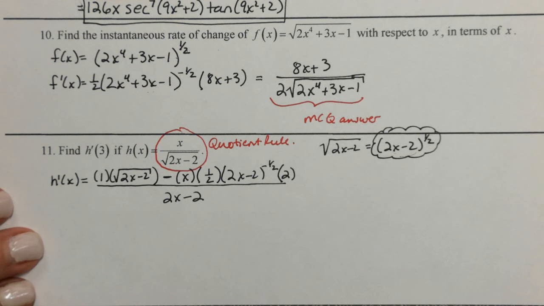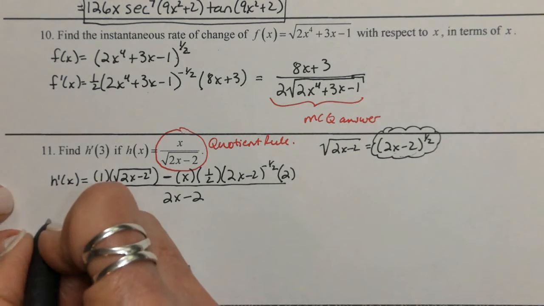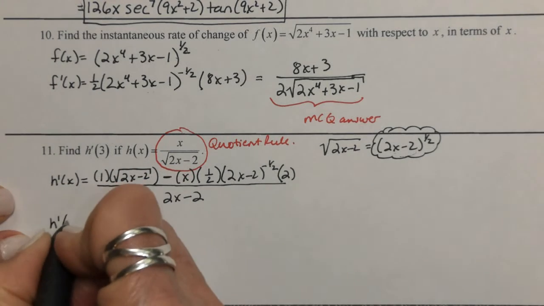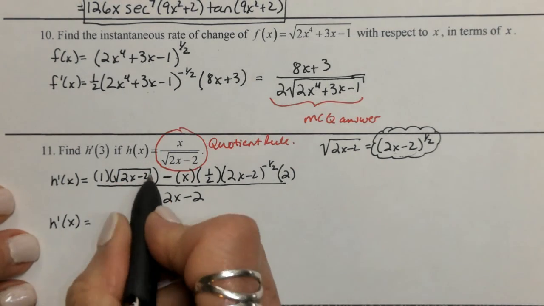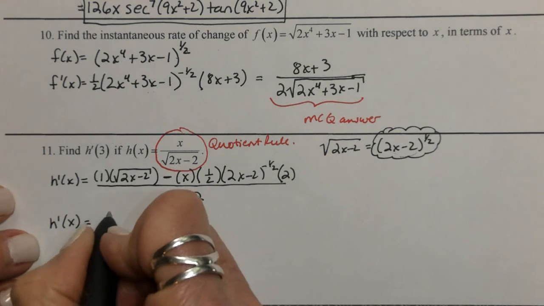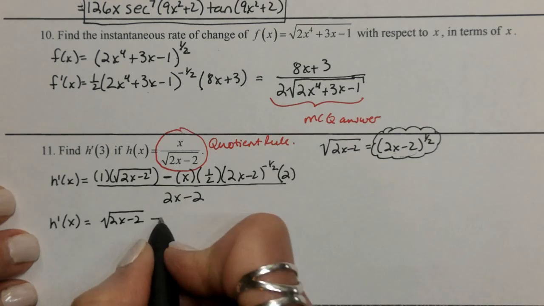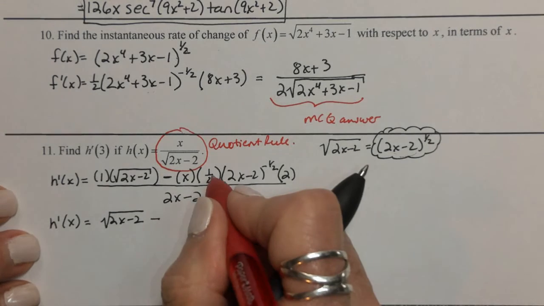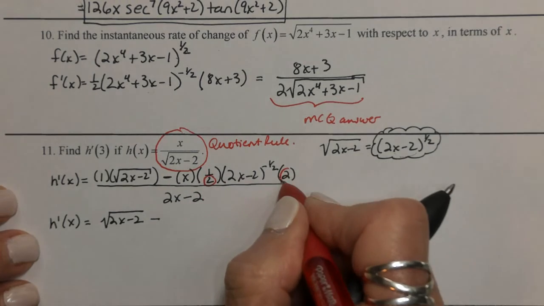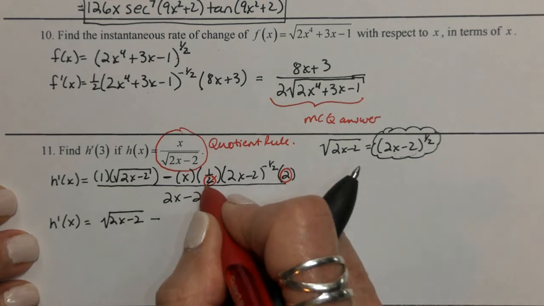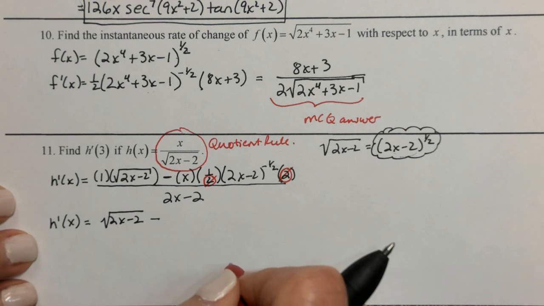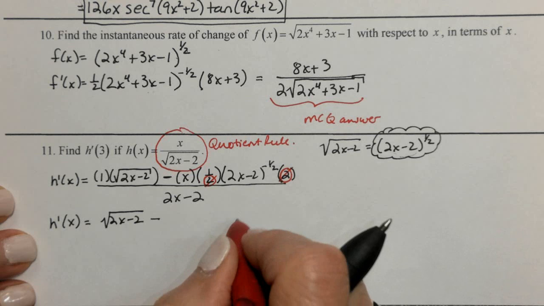All right. I think I will clean up. I was going to say I could go ahead and plug in the 3 or clean up first. And I think I'm going to clean up first. So 1 times the square root is just the square root. Minus. All right. This 2 here will cancel with this 2 here. That's nice. So that 2 is now gone.